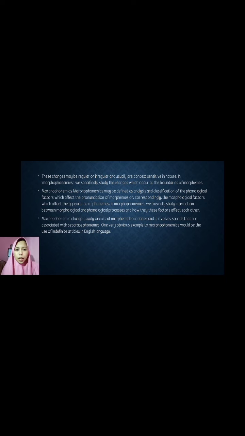Morphophonemic change usually occurs at morpheme boundaries and it involves sounds that are associated with phonemes. One very obvious example of morphophonemics would be the use of indefinite articles in the English language.